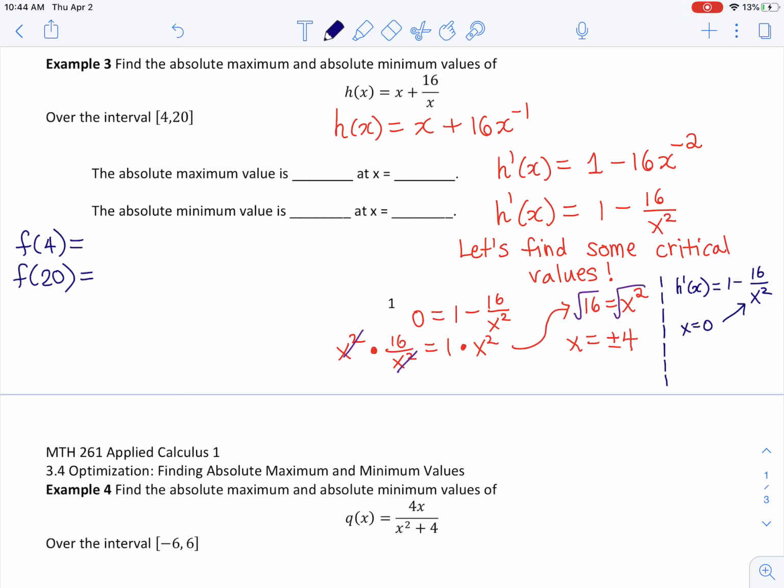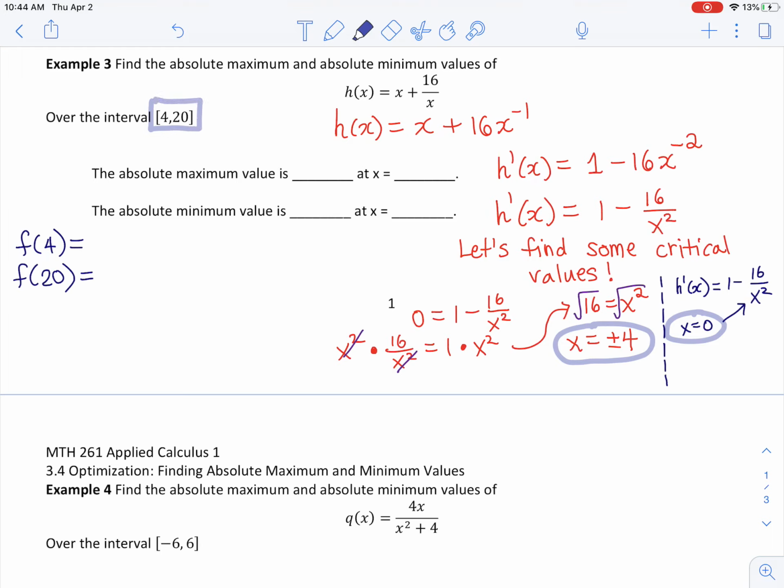Imagine plugging in 0 in here. What will happen? Well, the fraction will be 16 over 0. That's undefined. So we actually got 3 critical values, okay? But we better talk about these 3 critical values.